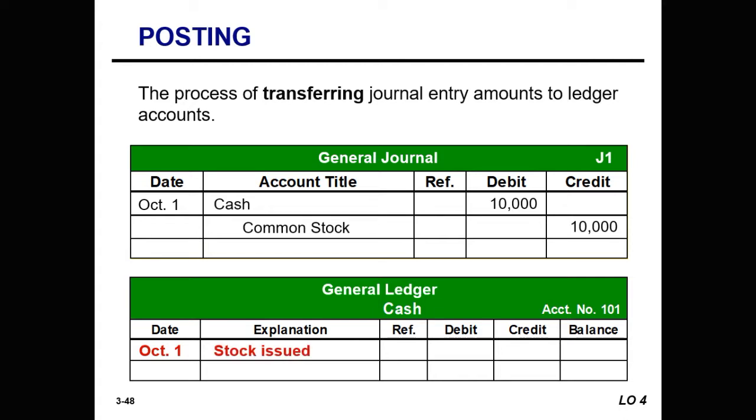There is a reference number, and what that ties back to is what page of the general journal this actual entry is on. It helps you get back to the general journal if you need to do some research. And then we transfer from debit to debit to show what was done to that specific entry.